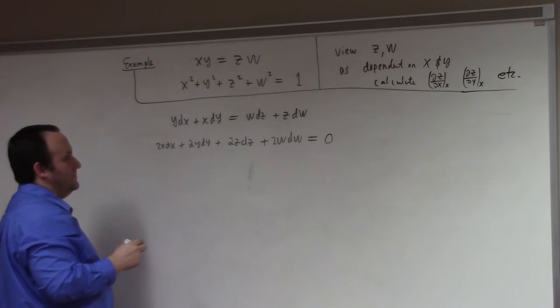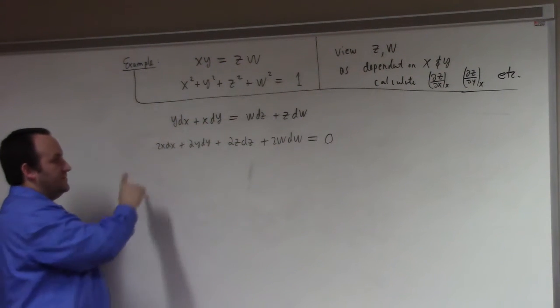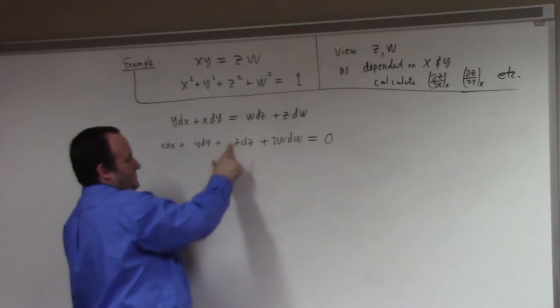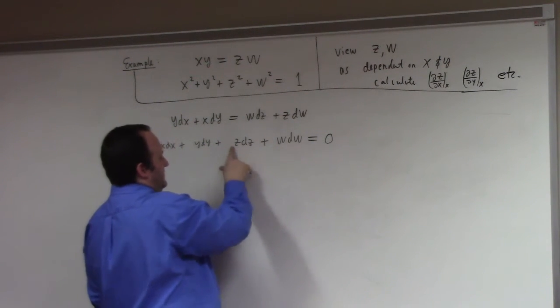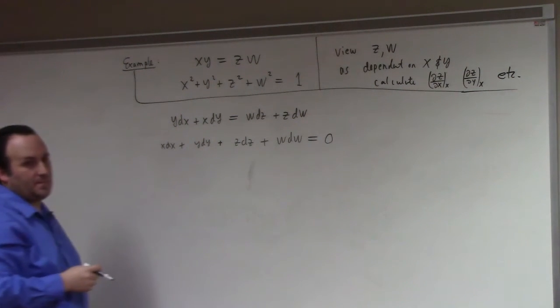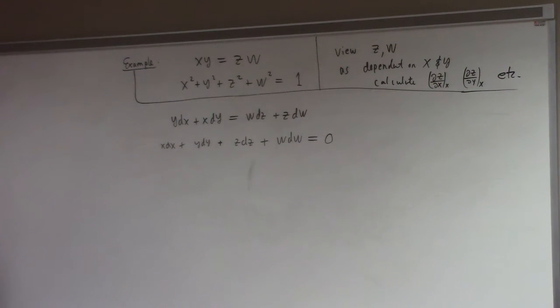I'm going to divide by 2, because it's just nicer. So you can think of it this way: I have 4 unknowns, dx, dy, dz, dw, and I have 2 equations, right?